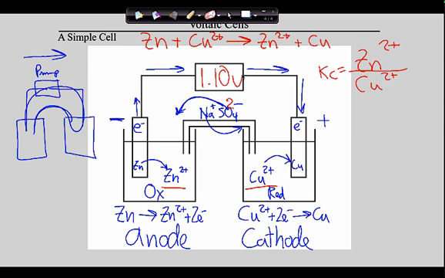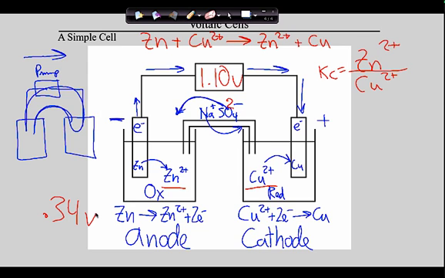Remember, these are reduction potentials, so let's gather this data together on our table. Looking at copper, the reduction potential here is 0.34 volts.